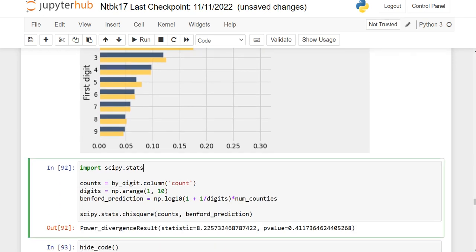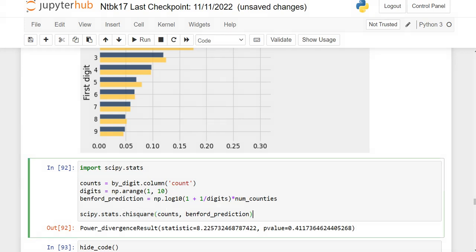Okay, so now we're importing scipy.stats. Why? So we can run this, and it's the same way that we ran it before, right? We have the observed data going in first. We have the data that we predict based on the probability model that goes in second. So observed first and expected second.